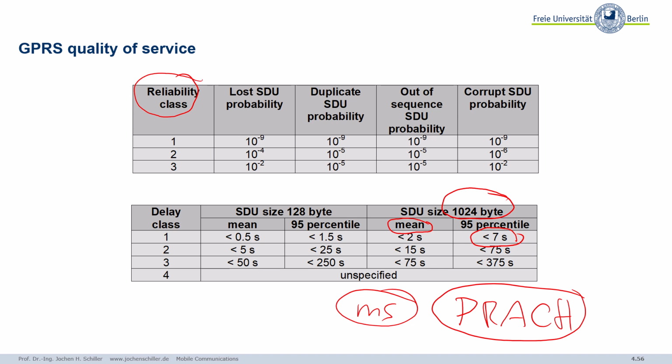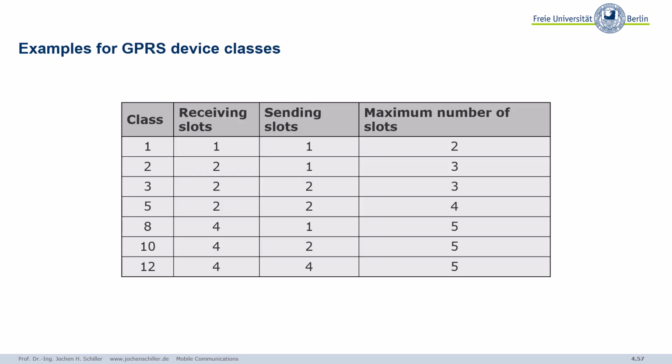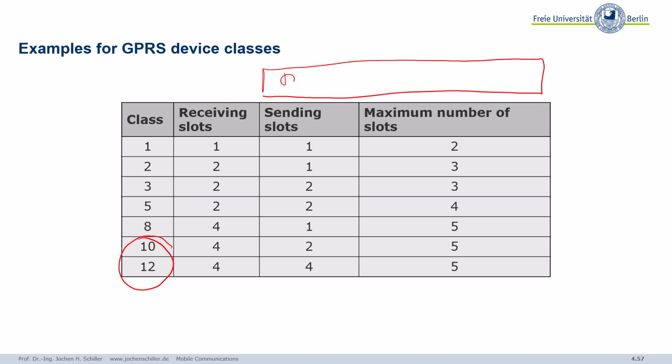Now the first devices using GPRS, well, you can classify them using GPRS device classes. And typical devices were, for example, classes 10 or 12. What does it mean? You can have per TDMA frame up to 4 receiving slots and 2 sending slots. So looking at a typical frame, you could have, for example, receiving 4 slots.